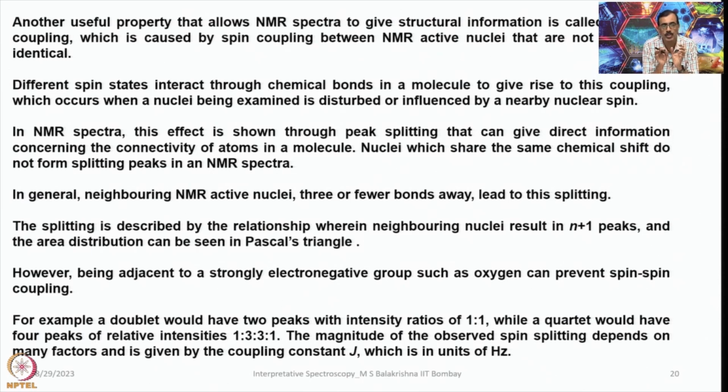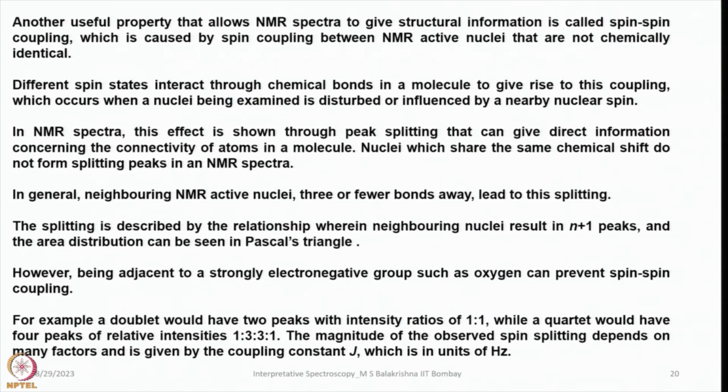Different spin states interact through chemical bonds in a molecule to give rise to this coupling, which occurs when a nucleus being examined is influenced by a nearby nuclear spin. In NMR spectra, this effect is shown through peak splitting that gives direct information concerning the connectivity of atoms in a molecule.